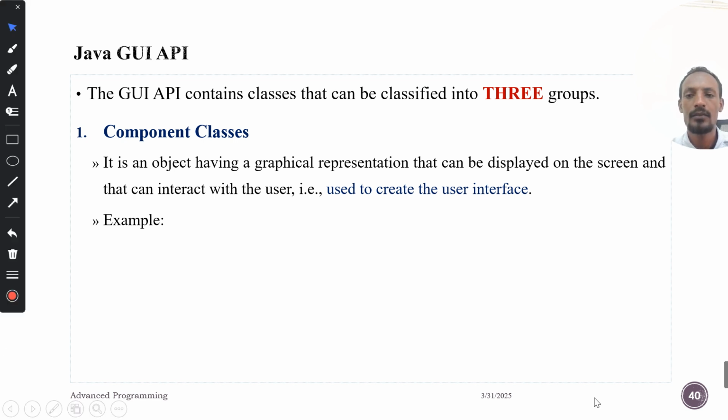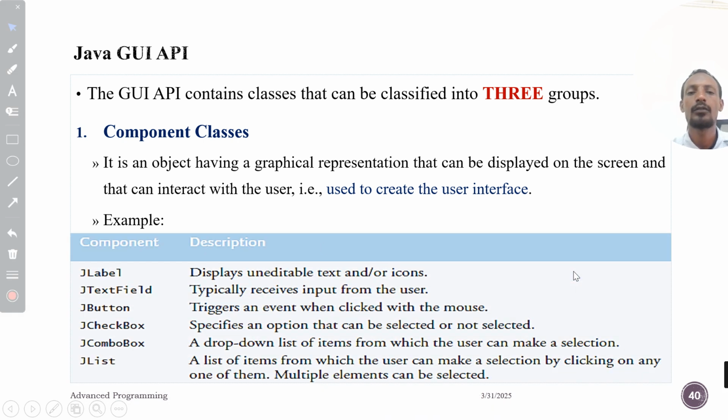The first one is component classes. Component classes are objects having a graphical representation that can be displayed on a screen and can interact with the user. Shortly, they are used to create a user interface.